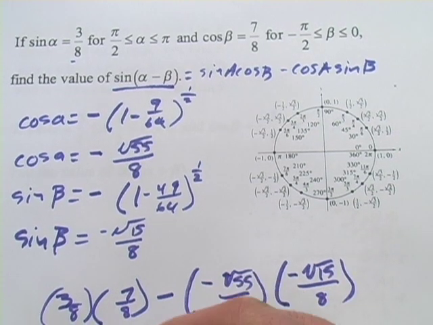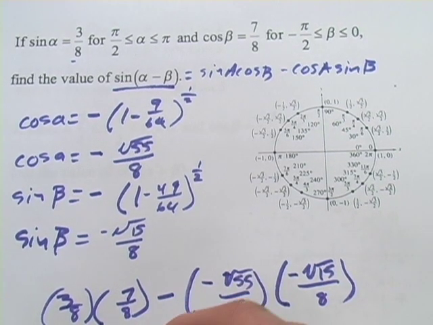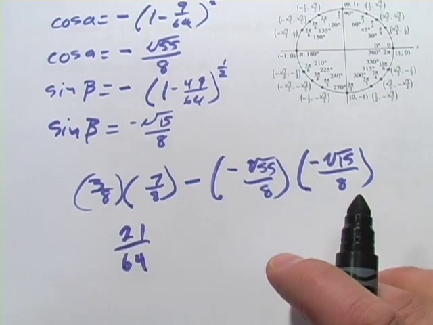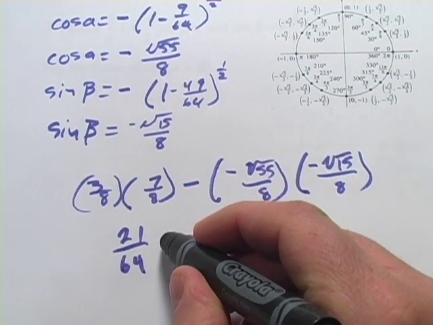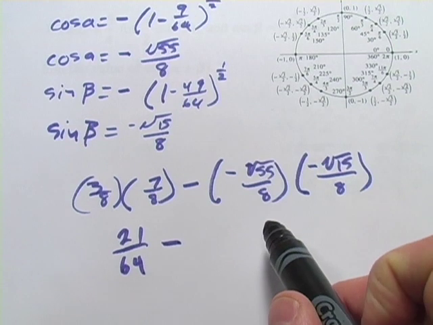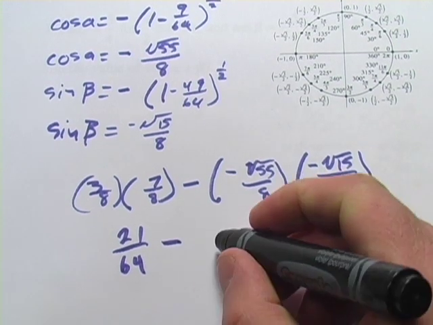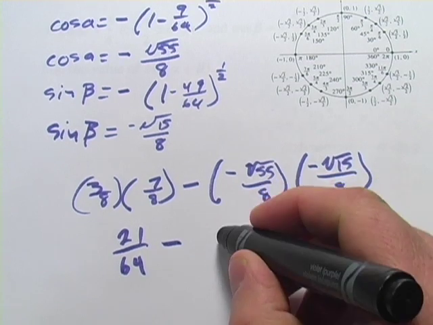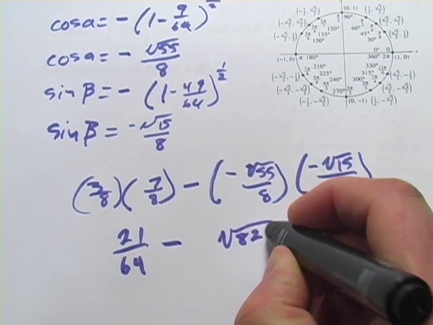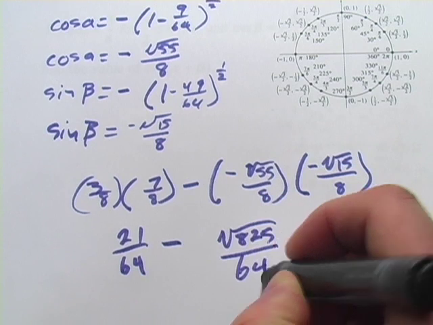So on this side we have 21/64 minus, let's see, 55 times 15. I think you're going to get 825. Square root of 825 over 64.